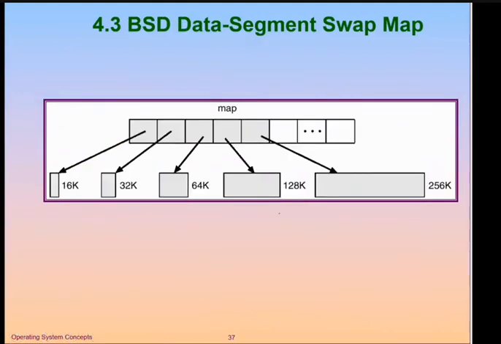Now the data segment is a little complicated because it will grow and shrink at runtime. It is not fixed in the beginning, but depending upon the data which is coming and going, the operating system will maintain the data segment swap map.